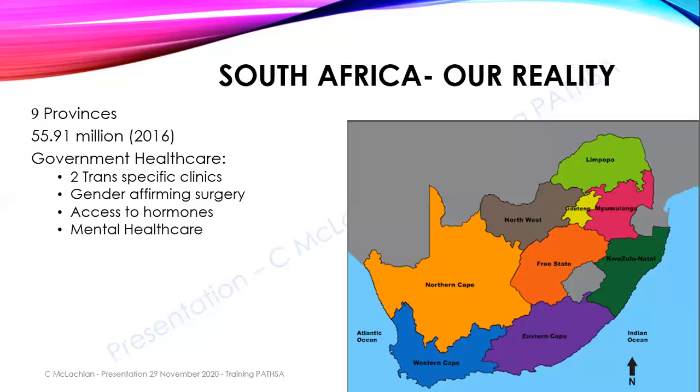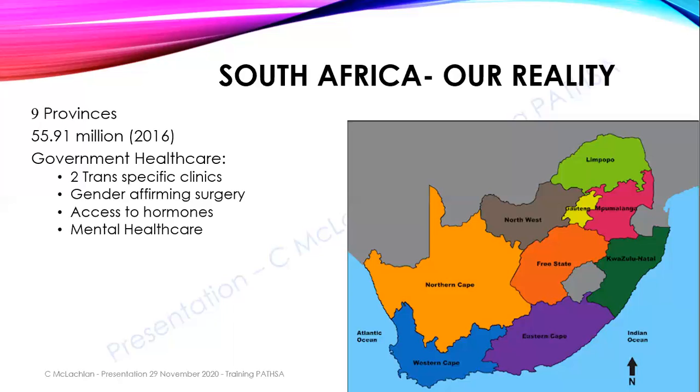But to access hormones, you can currently access it through government in the Western Cape, Free State, Gauteng, and KwaZulu-Natal. But if you live in the Eastern Cape, Northern Cape, Northwest, Limpopo, and Mpumalanga, there's not access to hormonal treatment in governments. Or if there is, it's exceptionally limited and very difficult to attain.